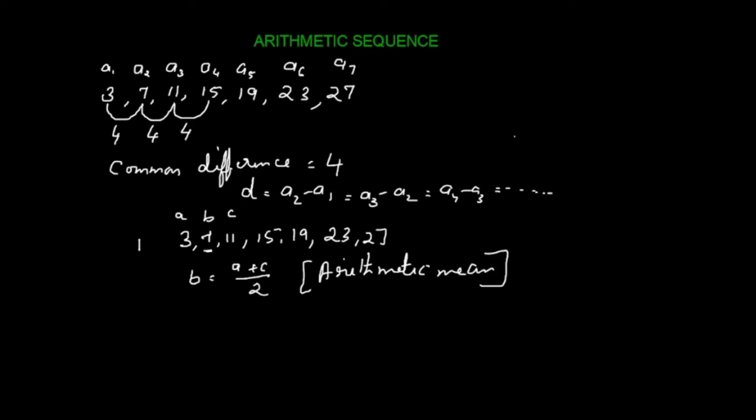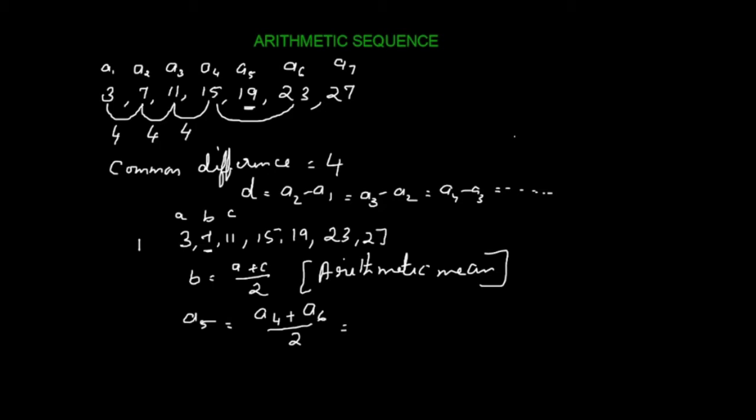You can check it from this sequence. Now, how can you find 19? 19 is this A5. Right? 19 is equal to (15 plus 23) by 2. A5 is equal to (A4 plus A6) upon 2.